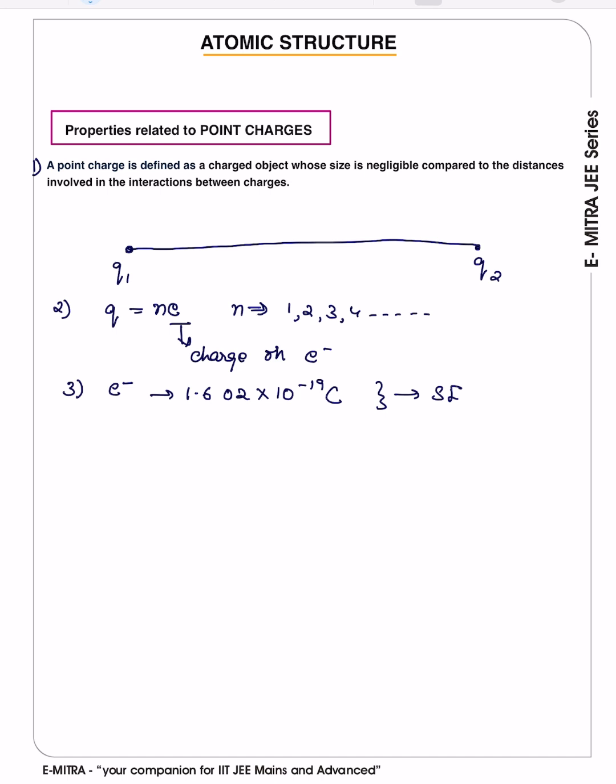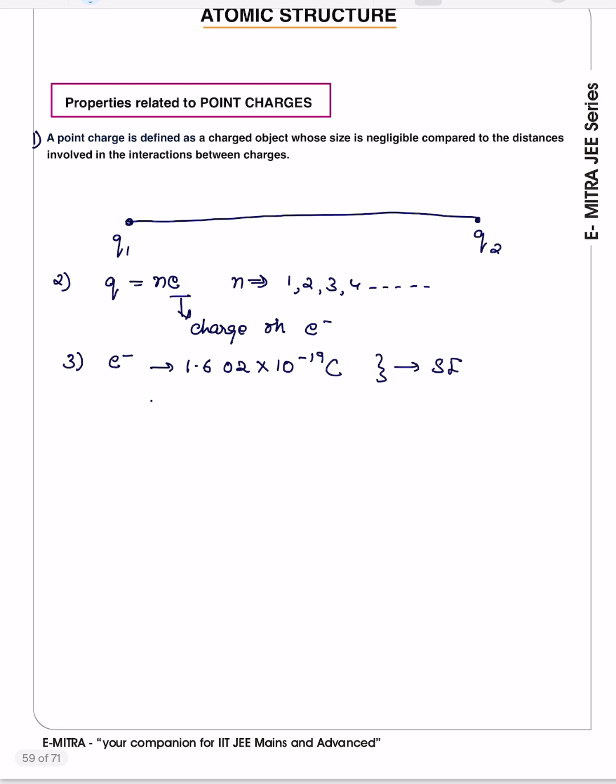So in SI units we say that 1.602 into 10 to the power minus 19 coulomb of charge exists on an electron. If we take the same in CGS units, it comes out to be 4.8 into 10 to the power minus 10 ESU. ESU means electrostatic unit. This is the CGS unit.